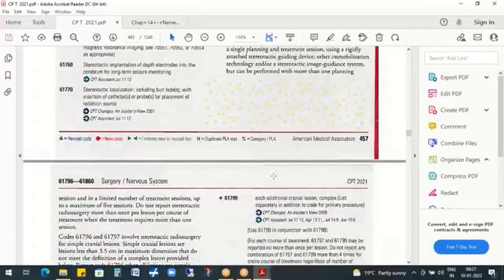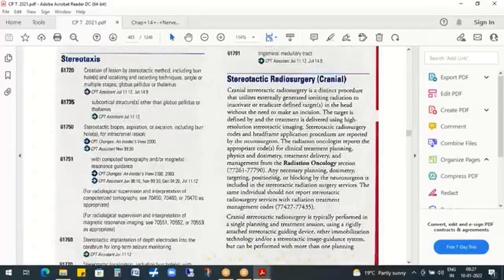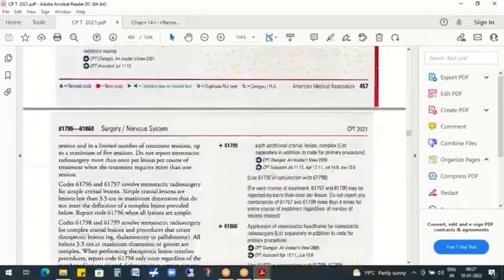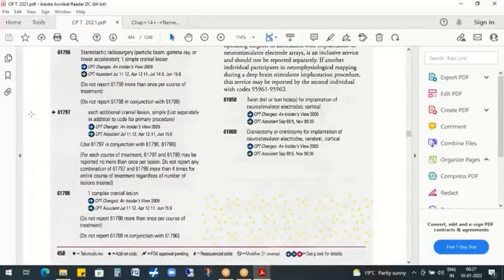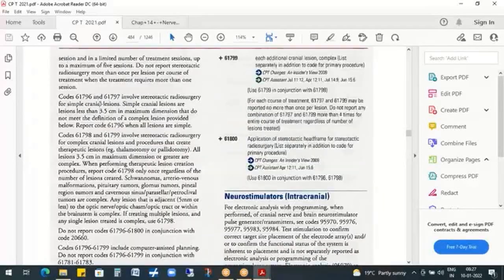Now here we just go with the concept. Are you able to see page number 457, stereotactic radiosurgery? In that concept, in page number 458, mark the paragraph 61796, 61797.